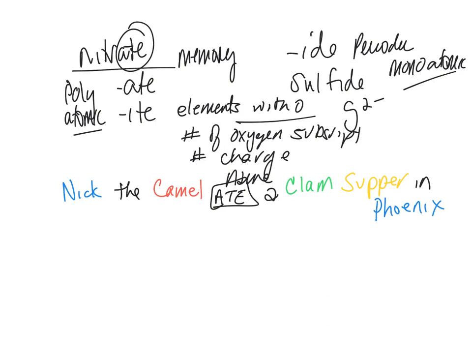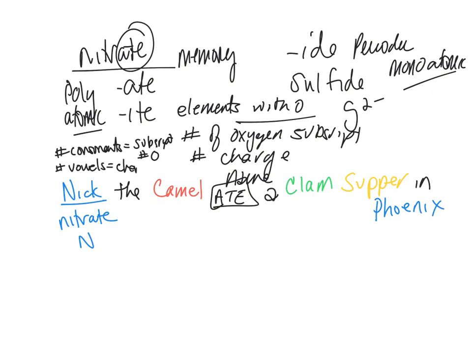And so Nick would be your nitrate, and the number of consonants equals the subscript for the number of oxygens, and the number of vowels in the word equals the charge.